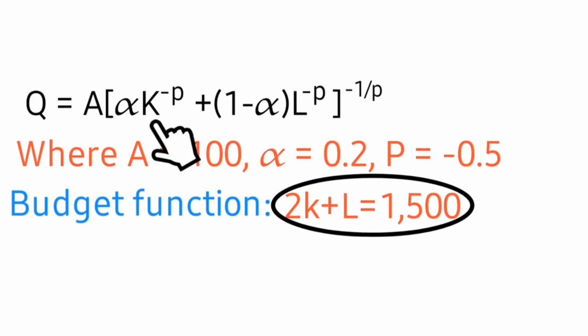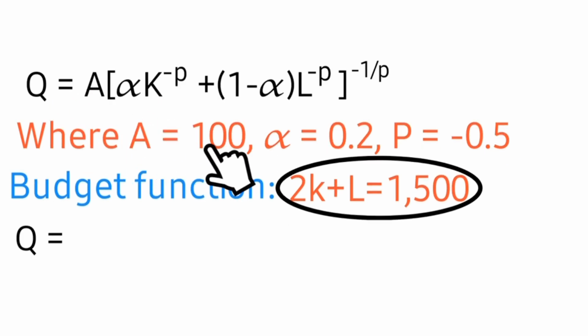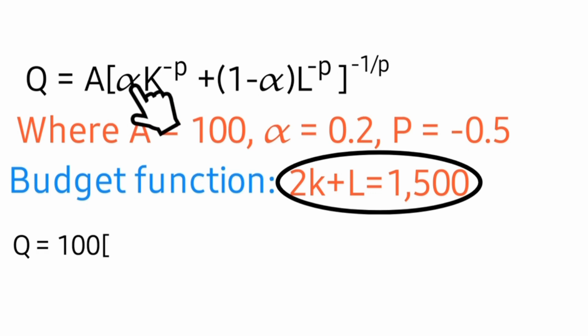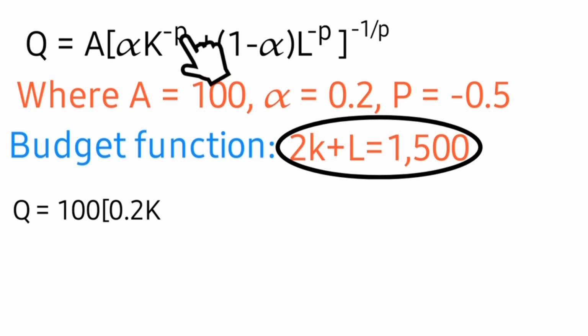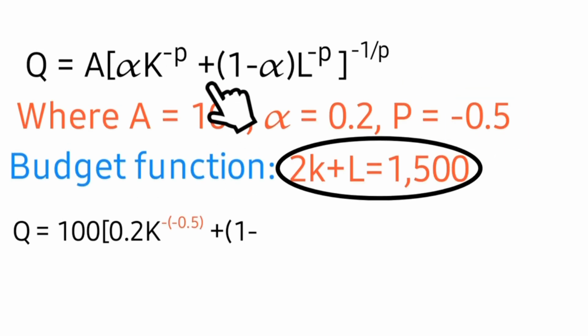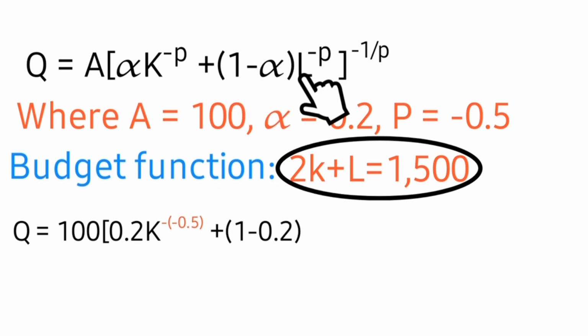Now we'll rewrite the production function by substituting all these values given into the equation. Q equals A, which is 100, times [alpha, which is 0.2, K raised to the power of minus P, and of course the P value given is minus 0.5, plus 1 minus alpha, close bracket, times L raised to the power of minus P].